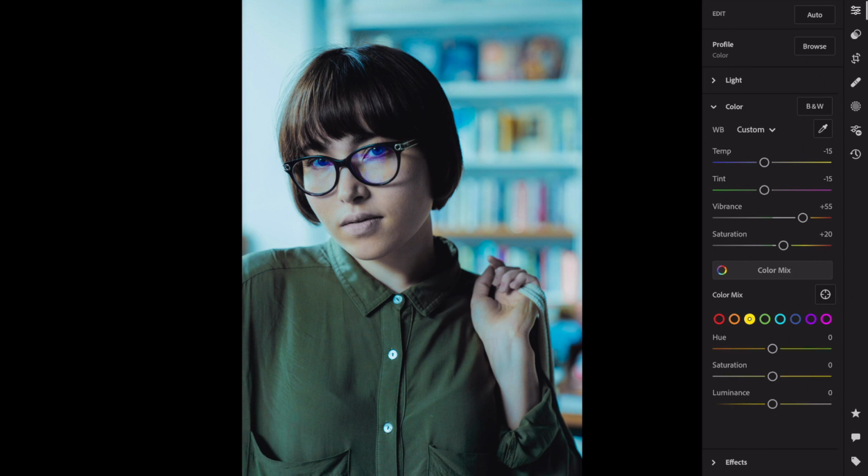Yellow. Hue, minus 50. Saturation, minus 80. Luminance, plus 53.